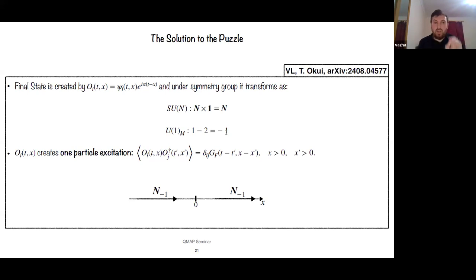This is not surprising. But what is surprising is that even though this is a non-local operator, if you go ahead and calculate the two-point function of this non-local operator, you will get the propagator for a free Weyl fermion. So the final state is just a free Weyl fermion carrying charge n-1.